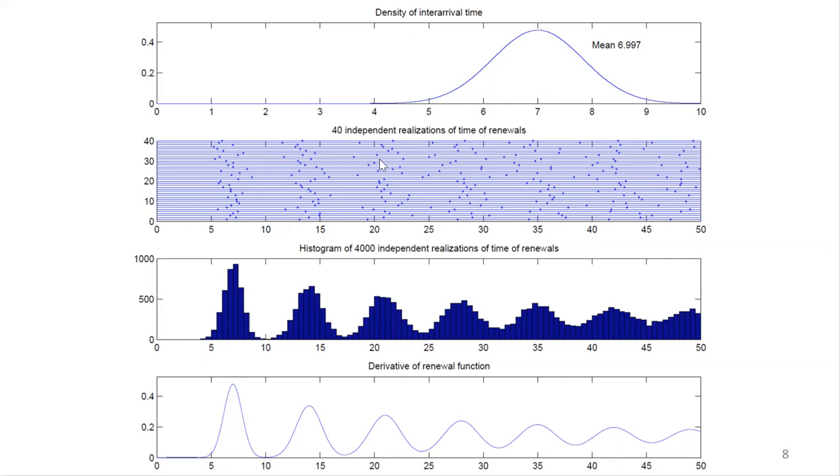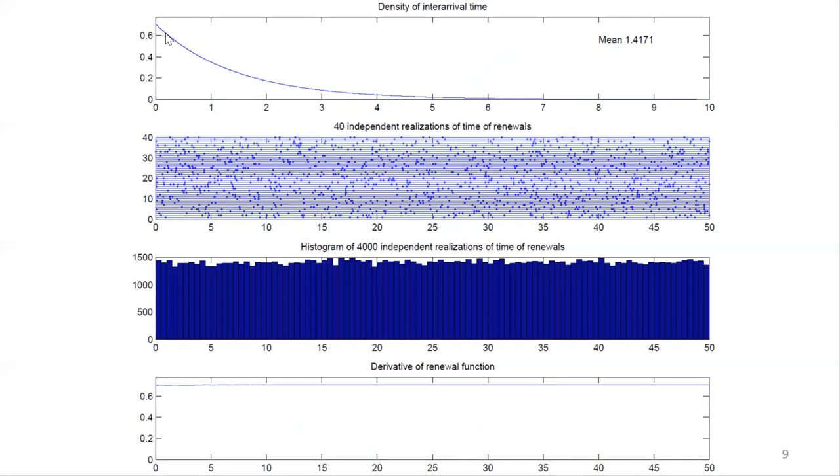So this will be the summation of 3 random variables, and this is the summation of 4 random variables. You can see we also got the histogram and the renewal rate, along with the analytical derivation of the renewal rate function.